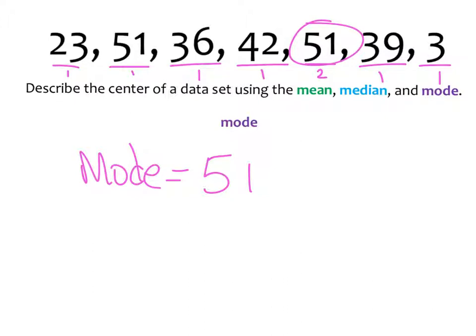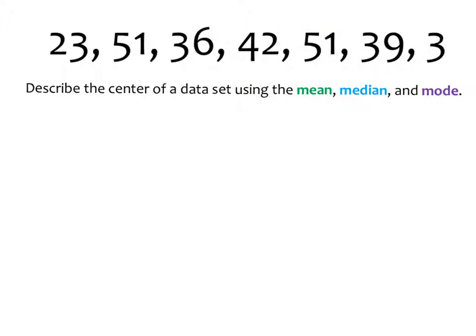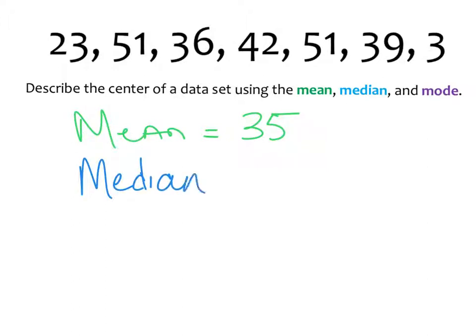The mean, median, and mode, the measures of center. So for this set of data, we found the mean or average was 35. We found that the median or the value that was in the middle of the data set was 39.